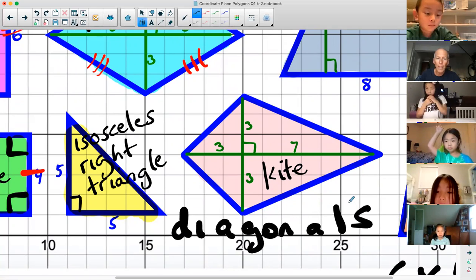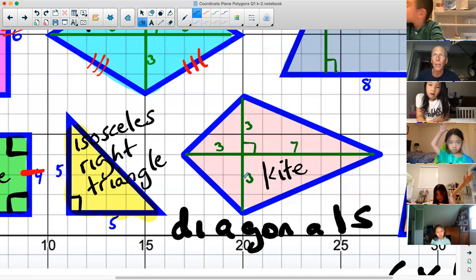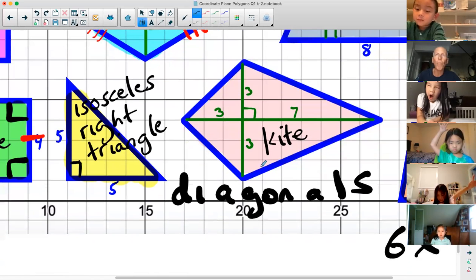Who can do that? I've got Annalise and Valerie. Valerie, this time I want you to do the vertical diagonal, and Annalise, I want you to do the horizontal diagonal. Go, Valerie.